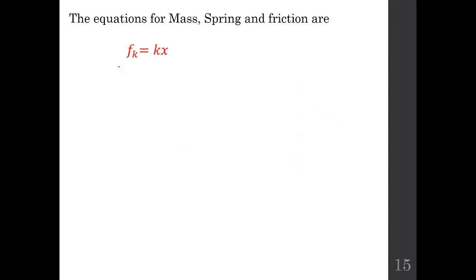Okay, so F of K is simply K into X. Now F of B is B into V, which is the velocity. As we have seen in the previous slide where we were talking about the translational dashpot, we can represent the frictional force by F of B equals B into V, where V can be replaced by dx by dt, that is the rate of change of the displacement, which equals velocity.